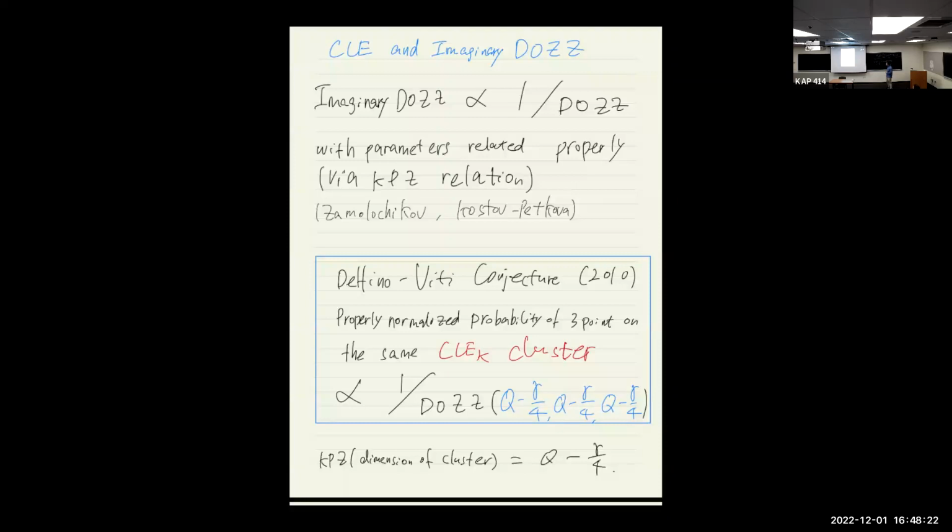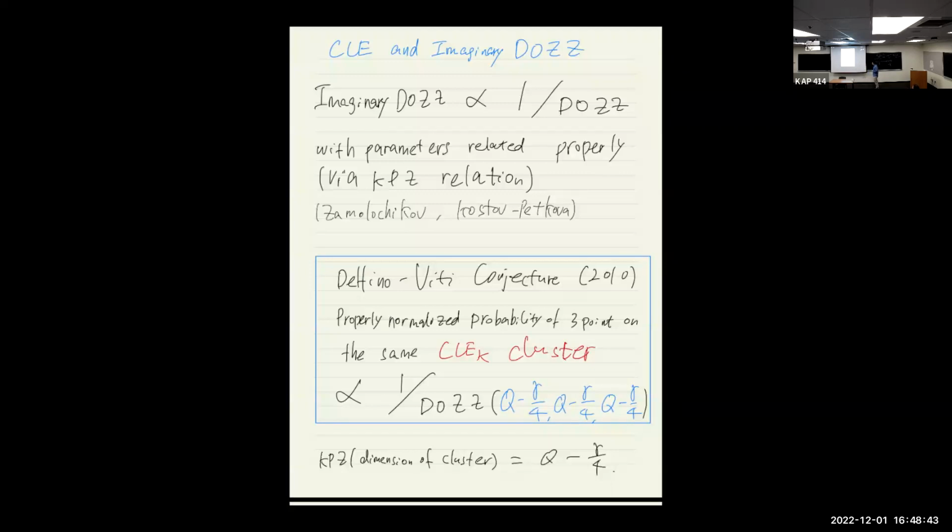And the imaginary DOZZ formula is one over the DOZZ formula, but you need to relate all the parameters using a relation called the PPZ relation, which I didn't define. But this is something proposed by Zamolodchikov, which has some significance in conformal field theory.